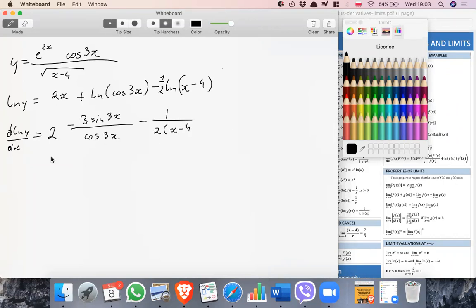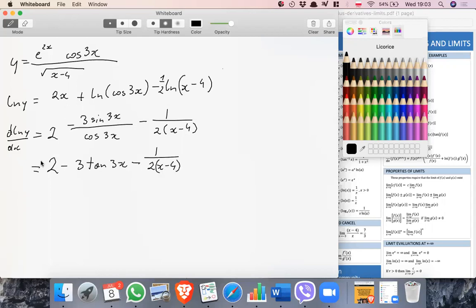There's a way I can simplify it just a little bit, so that will turn into 2 minus 3 tan 3x. Sine over cos of the same angle is equal to tan of that angle, and then minus 1 over 2 times x minus 4.